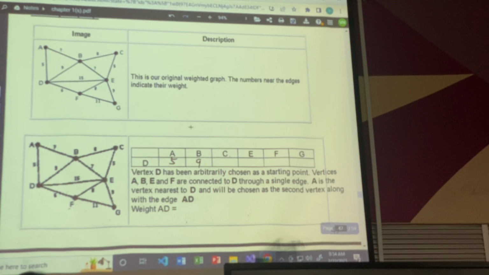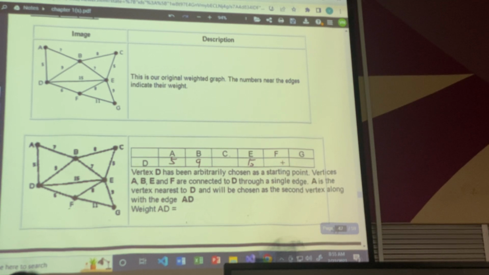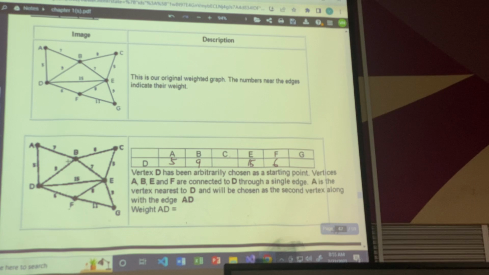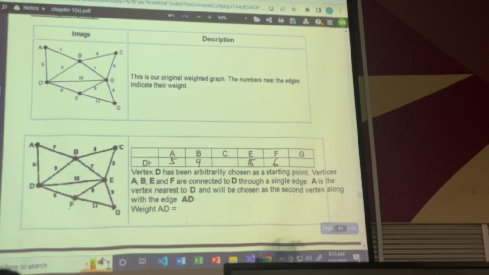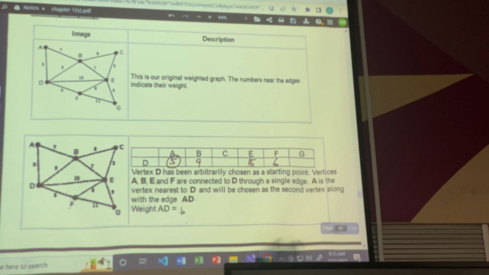And then D go to E, you have 15. D go to F, you have 6. Now, of course, we need to find which one is the minimum. So from D to A, this is the minimum weight, right? So we will choose D to A with the weight 5.